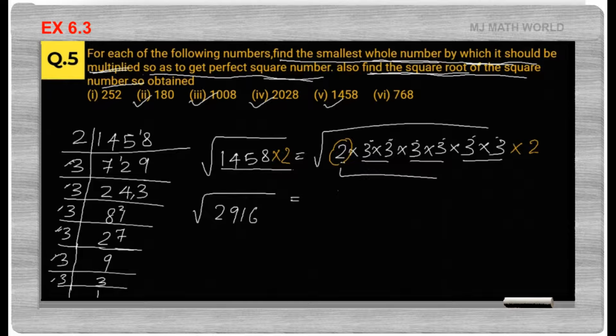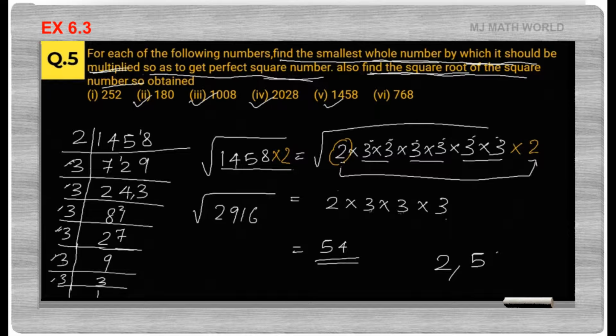First we make pairs. Then we write one number from each pair: 2 into 3 into 3 into 3, which is equal to 2 into 3, 6, 6 into 3, 18, 18 into 3, that is 54. The answer is 2 and 54.